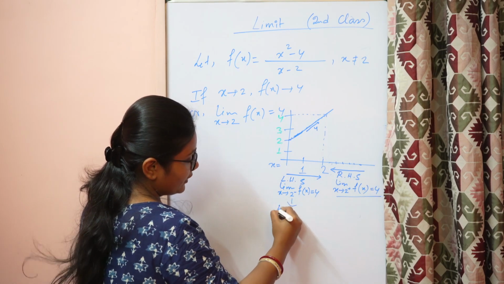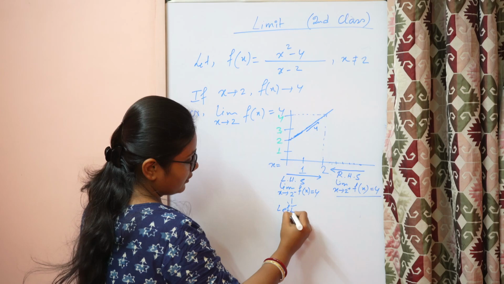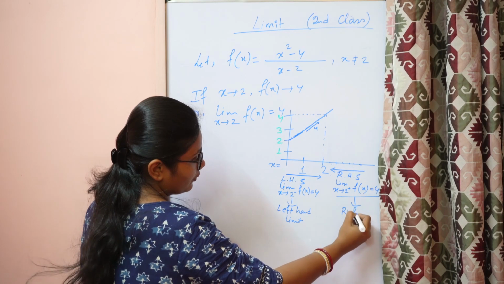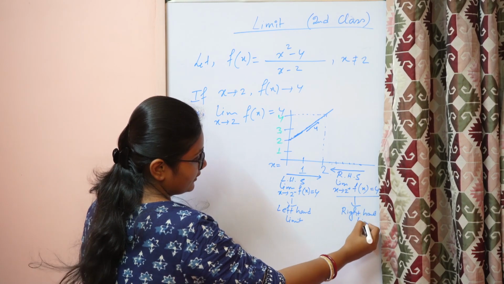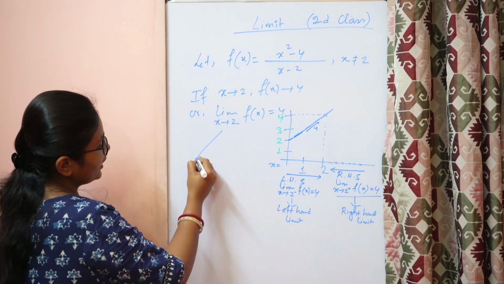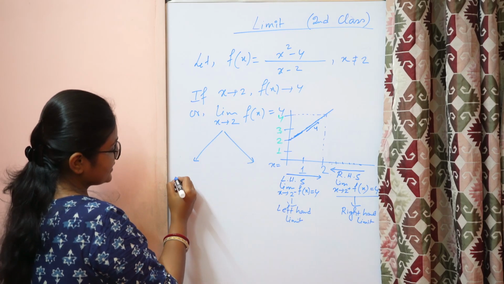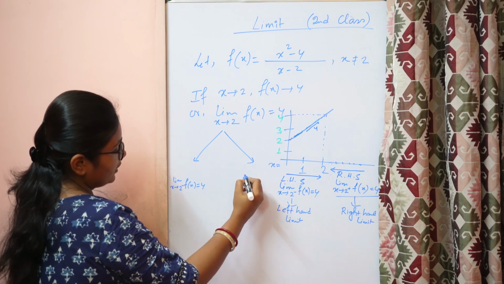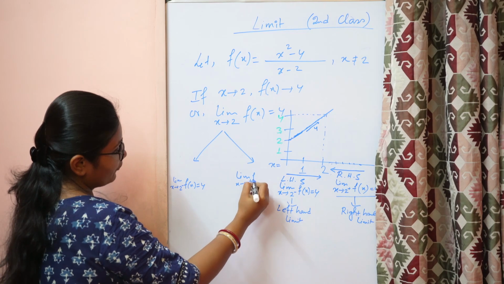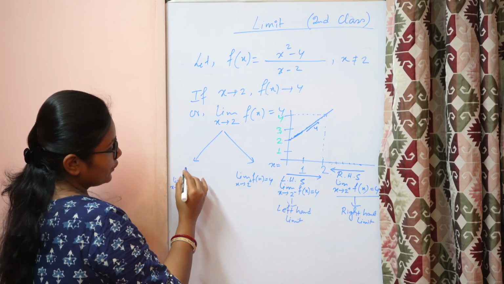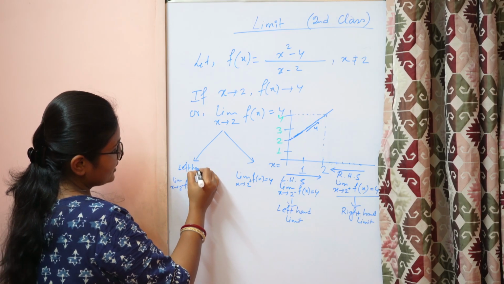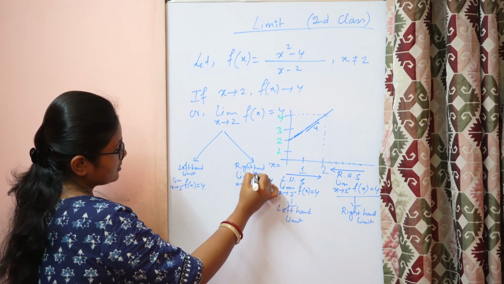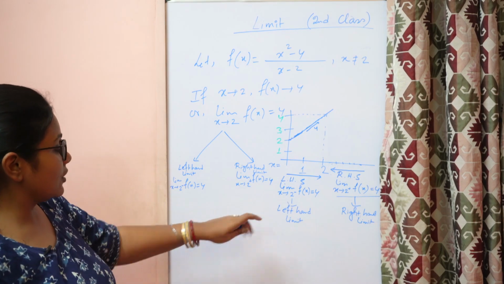So you can say it divides into two parts, that is limit x tends to 2 minus f(x) is equal to 4, and limit x tends to 2 plus f(x) is equal to 4. Okay, so this is left hand limit and this is your right hand limit.